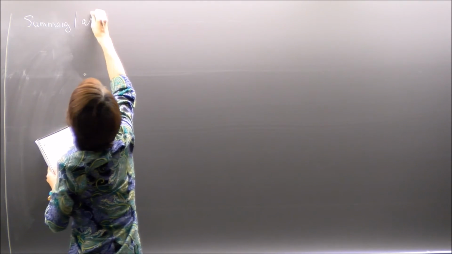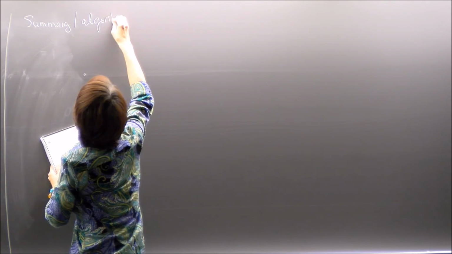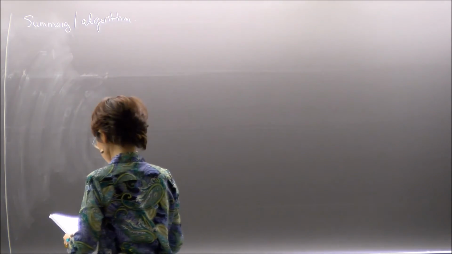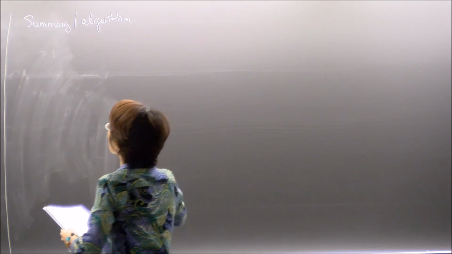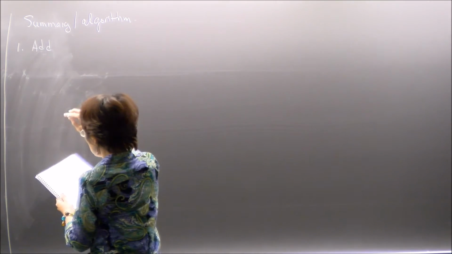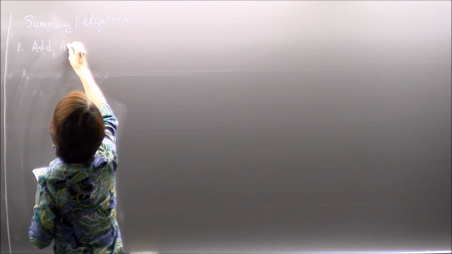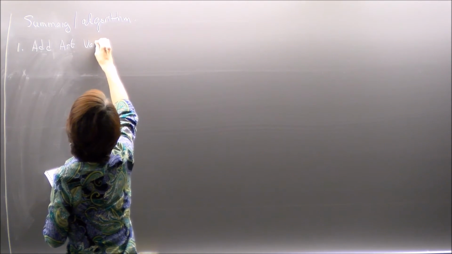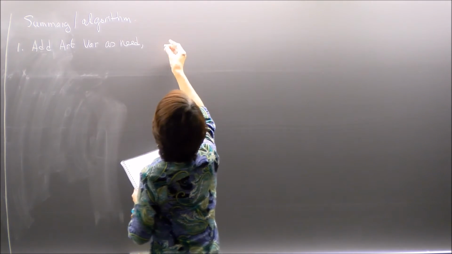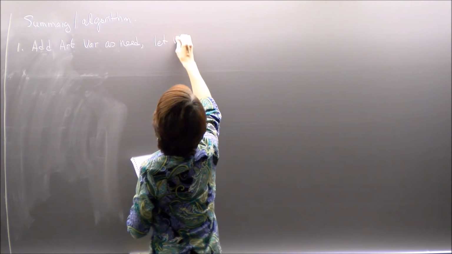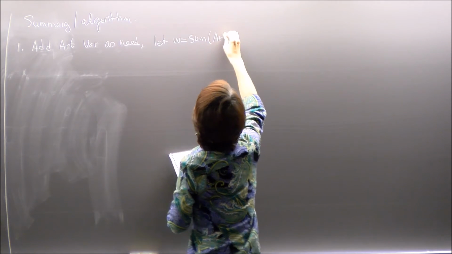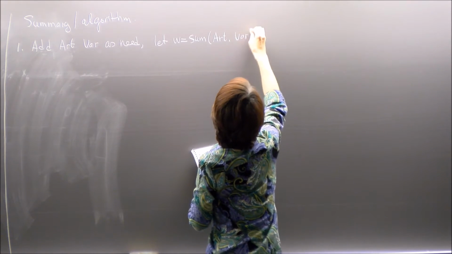Okay, algorithm. Okay, so you have a problem in standard form, and you add artificial variables as needed, and then you choose W to be the sum of the artificial variables, okay?